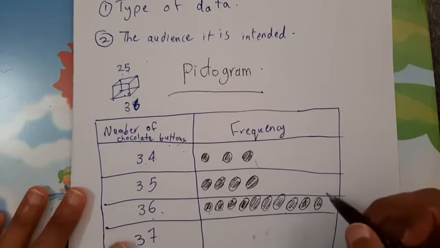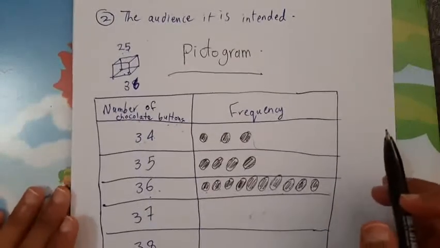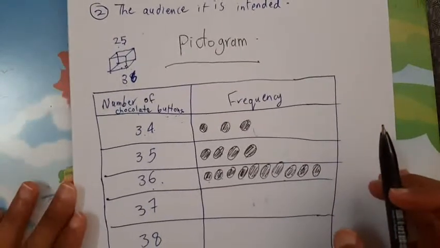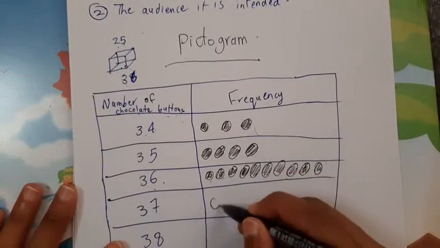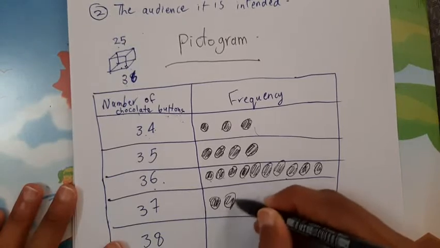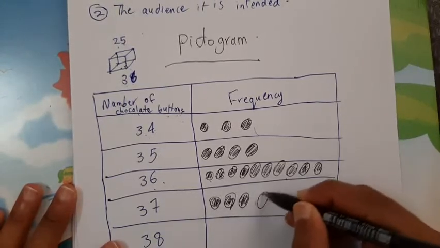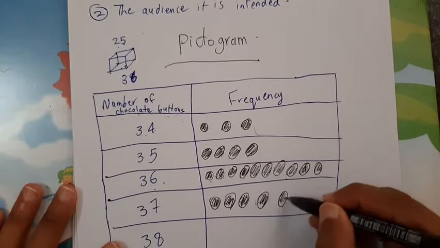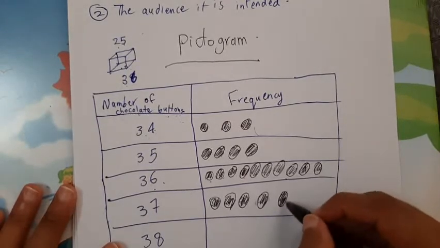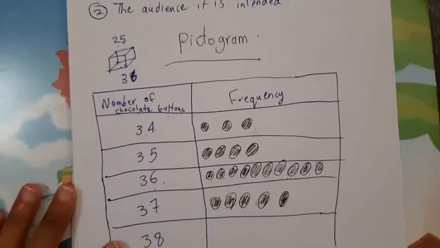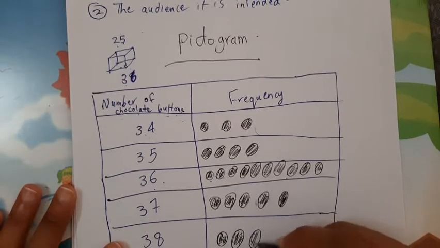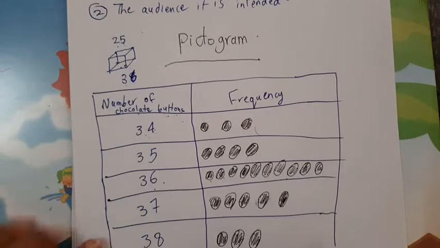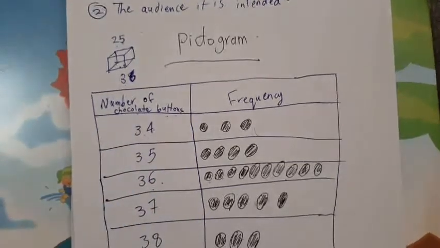What about 37? How many packets had 37 inside them? Those were 5 packets. So 5 circles for the packets that have 37 chocolate buttons. What about 38? If you remember, 3 packets had 38 chocolate buttons inside them.